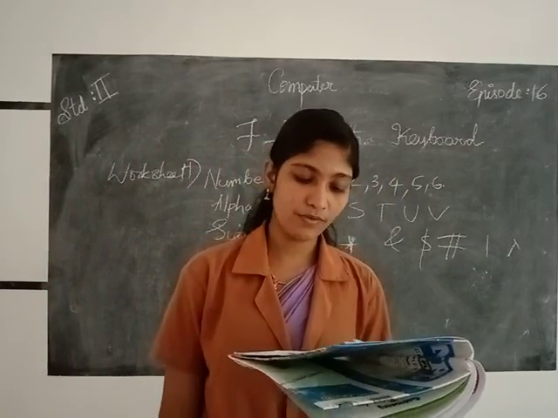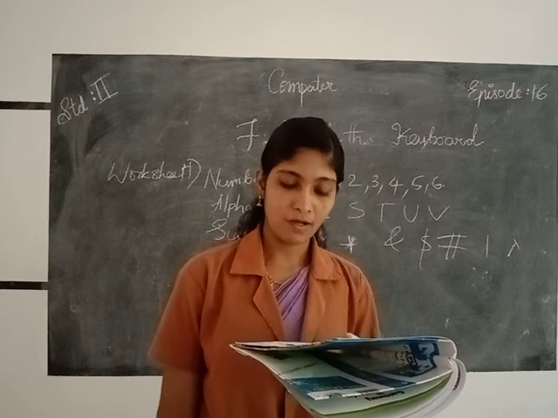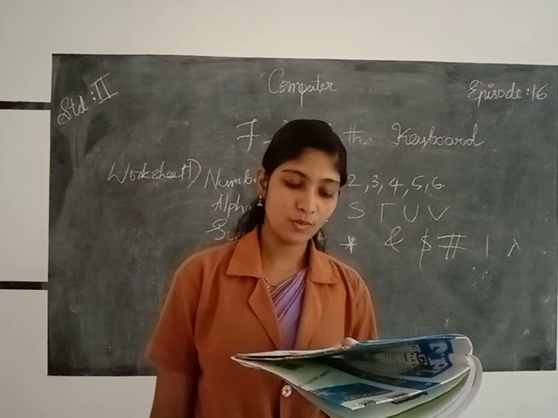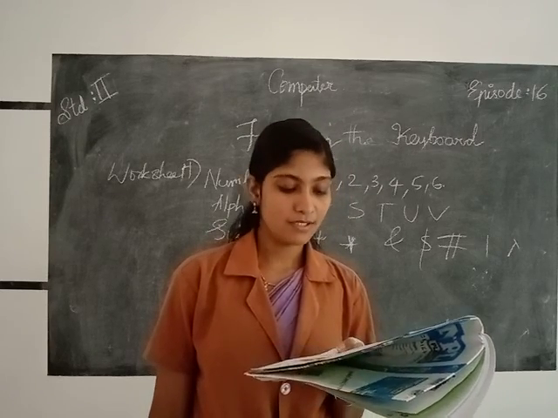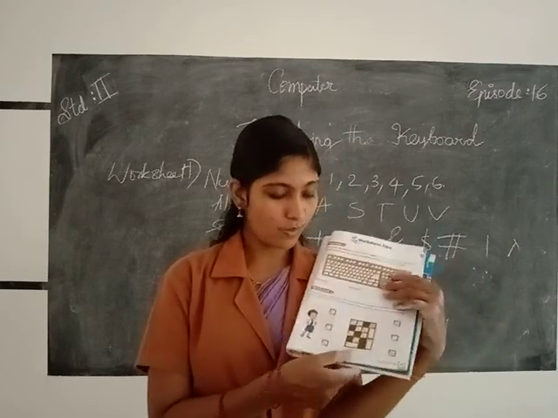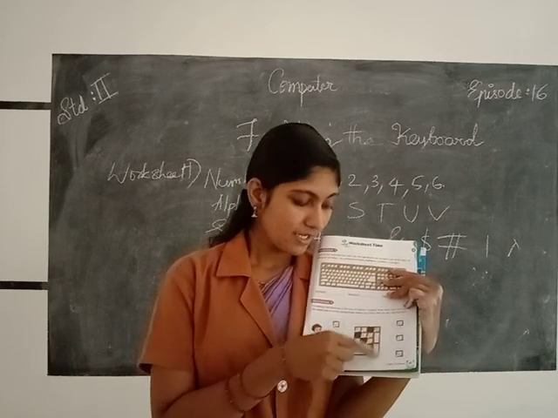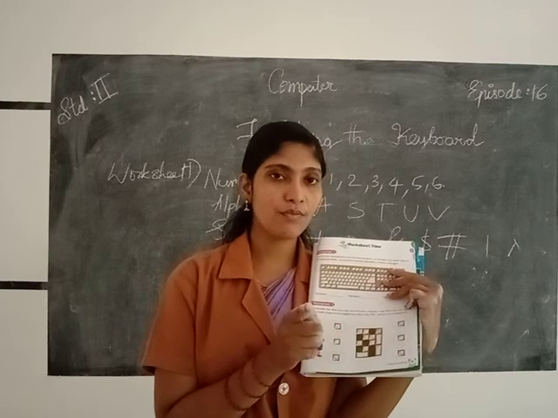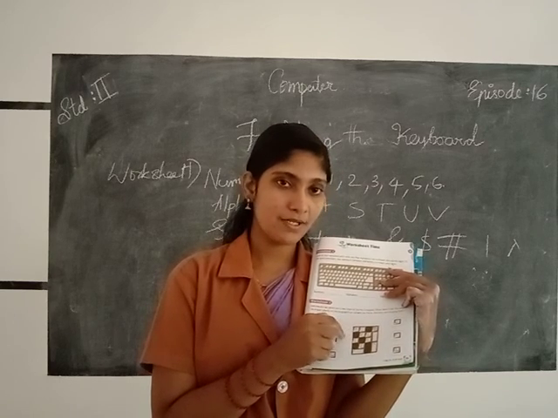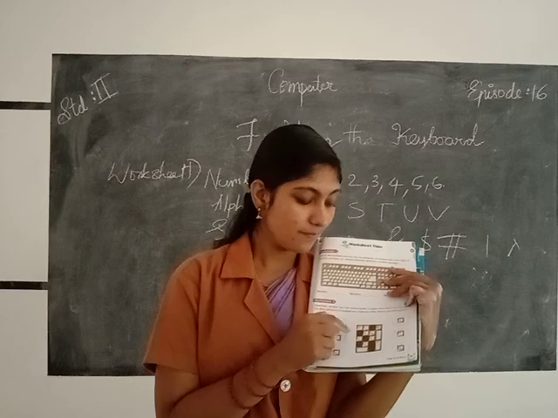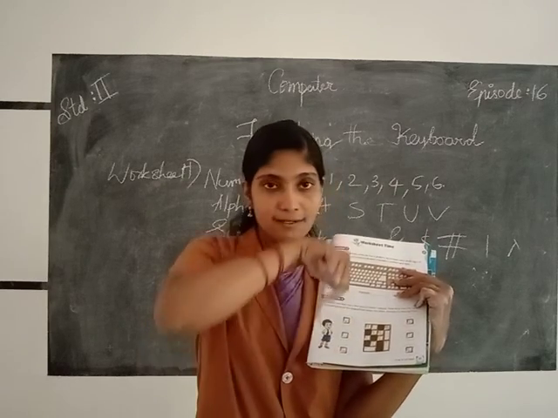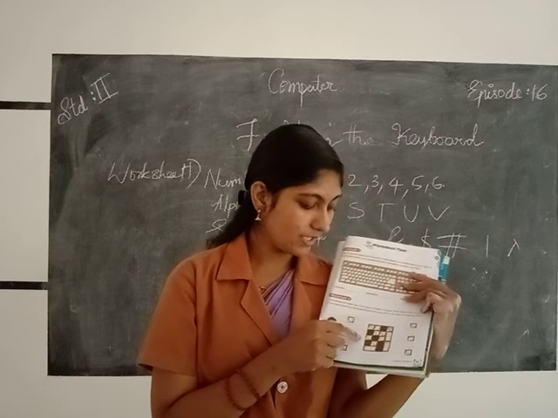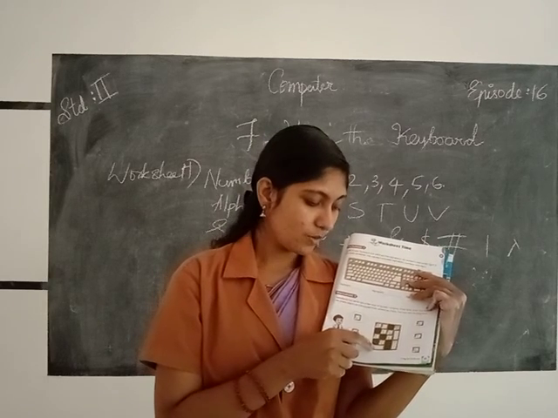Then worksheet number 2. Somebody has taken out a few keys of Sunny's keyboard. Draw lines from the keys to the empty places on the keyboard where you think the keys are missing from. Here is the boy named Sunny, and if you look at the keypad, some keys are missing. You have to find out which keys are missing and place the correct keys in the correct place. First one 0.